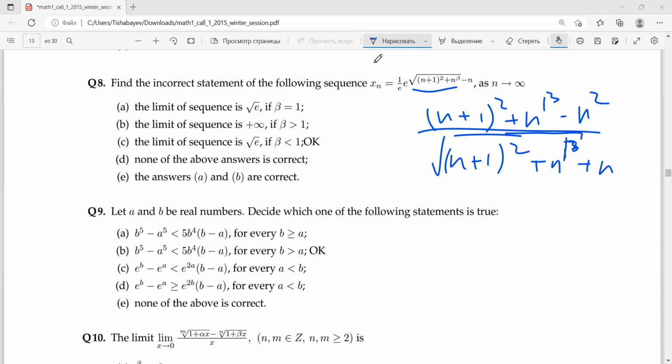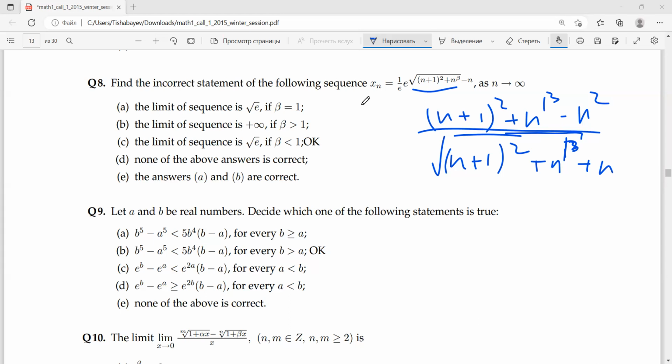If beta is greater than 1, this value tends to infinity. Is it correct? Yes. Why? Because n tends to infinity, and the power will be greater than 1.